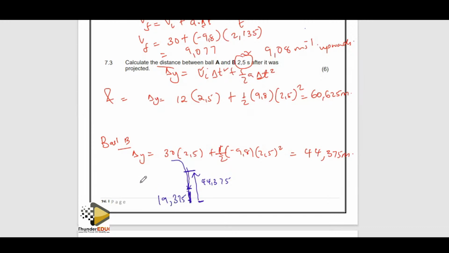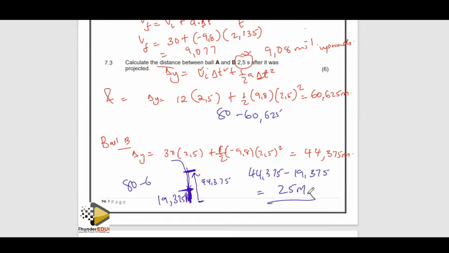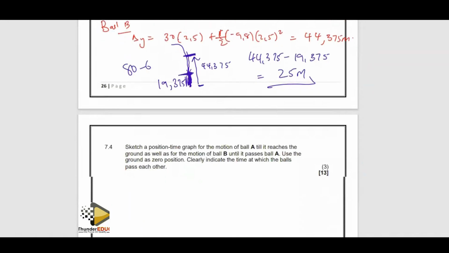If I get my 80 minus the 60.625 to get what is left at the ground, so that for me to get the distance between, I'll focus on the 19, something and this 44. I subtract the two to get the distance between. So 44.375 minus the 19.375, and then I get 25 meters. So it's just 25 meters between the two balls.